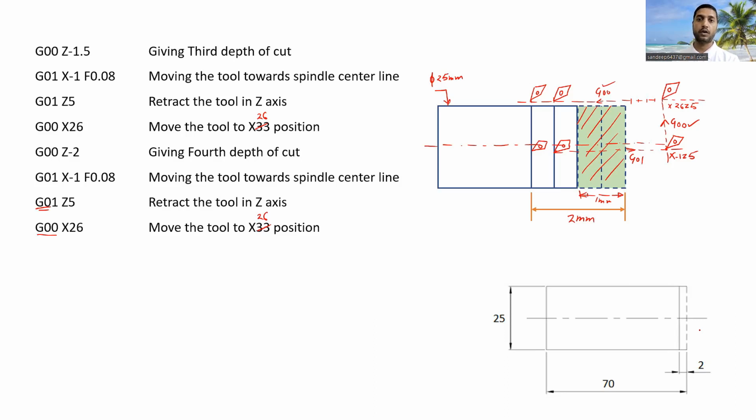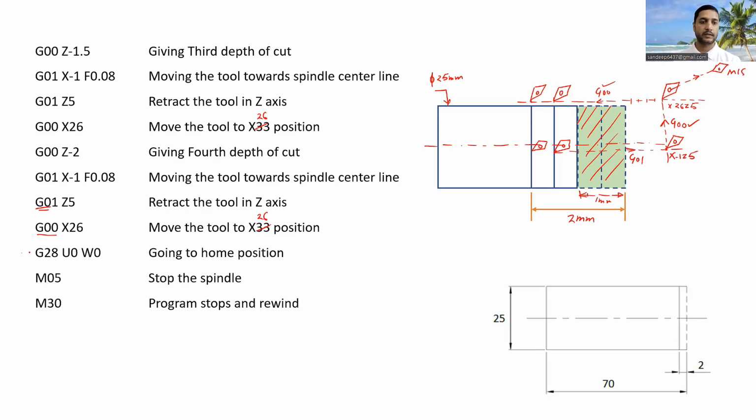So we have got our desired profile. After this, now we will move the cutting tool to its home position. From where we were calling our cutting tool, we are keeping the cutting tool back at its home position.